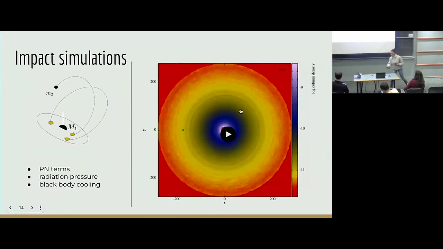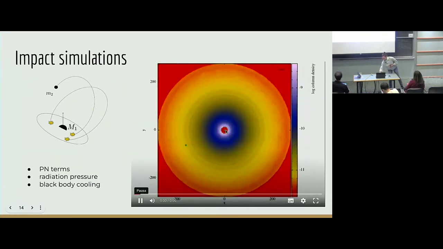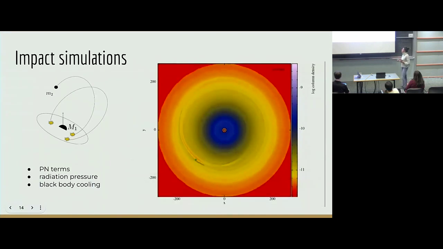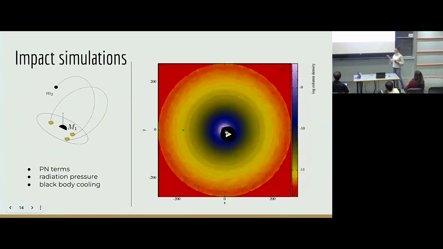The orbit takes into account the post-Newtonian term, which we implemented in the code. The disk has both gas and radiation pressure. It's adiabatic, so it's allowed to cool and heat, and we assume that it's just blackbody cooling that is cooling the disk. We let the disk relax first, and then we introduce a companion to produce the impacts.